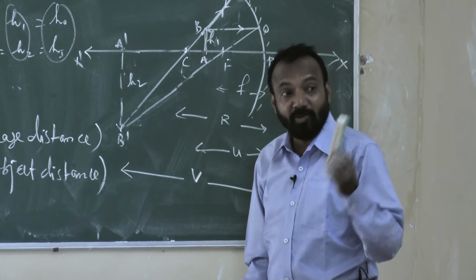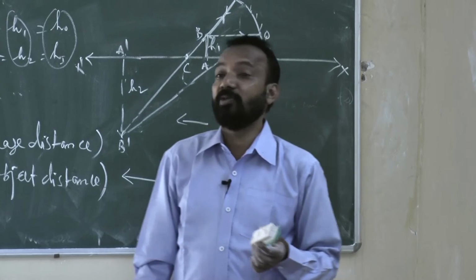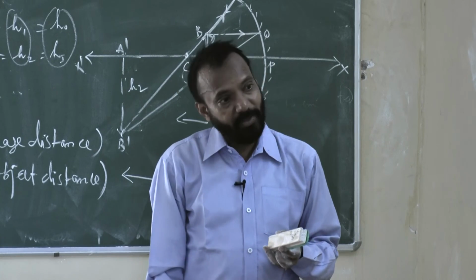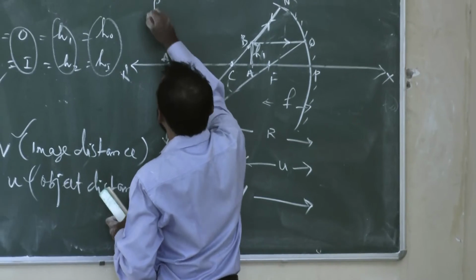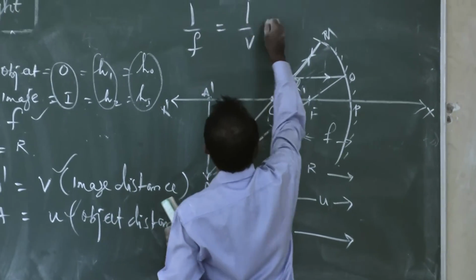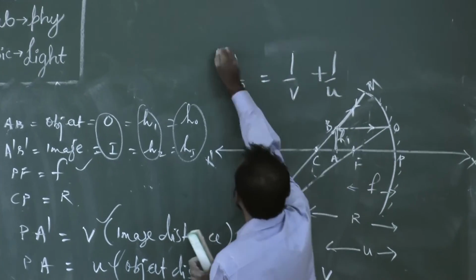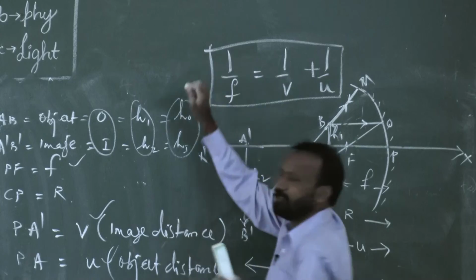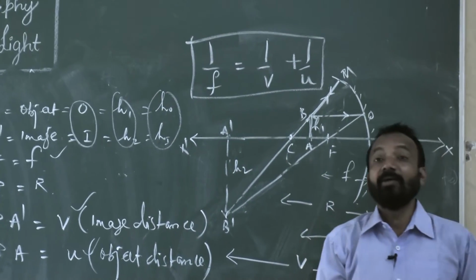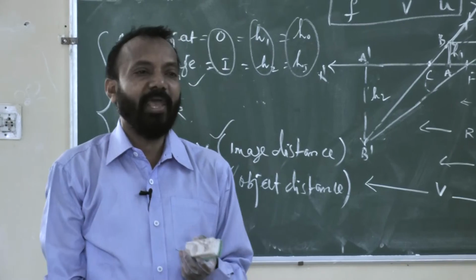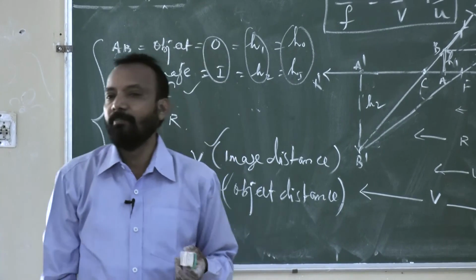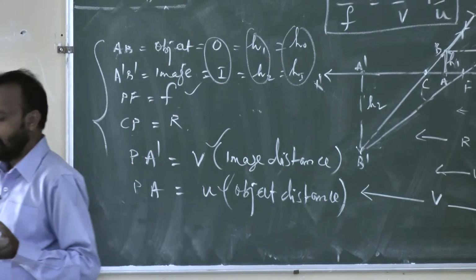I will show you how you get 1 by F is equal to 1 by V plus 1 by U. For now you must remember that 1 by F is equal to 1 by V plus 1 by U. This is your mirror formula. For any kind of spherical mirror, concave or convex, the mirror formula is 1 by F is equal to 1 by V plus 1 by U. Please note it.